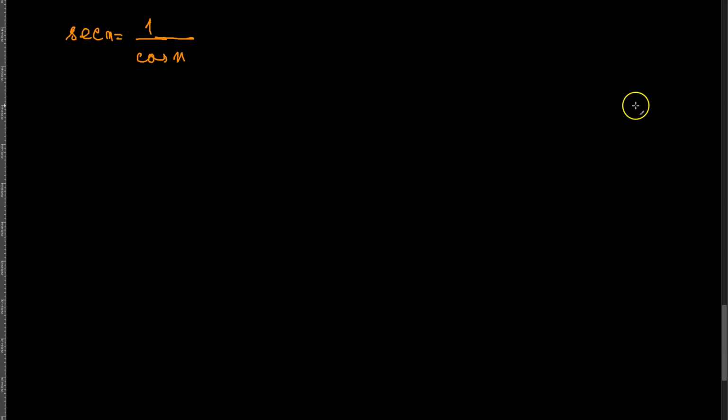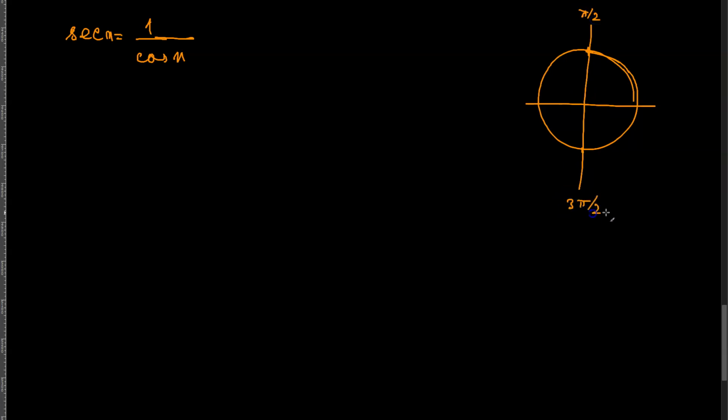Now if you draw a unit circle here, this cos function is 0 here and here, meaning at pi by 2 and at 3 pi by 2 and at all the odd multiples of pi by 2. That means I have to take out all of those points from the domain of the secant function, because at pi by 2, cos of x is equal to 0, and 1 divided by cos of pi by 2 is going to be undefined.